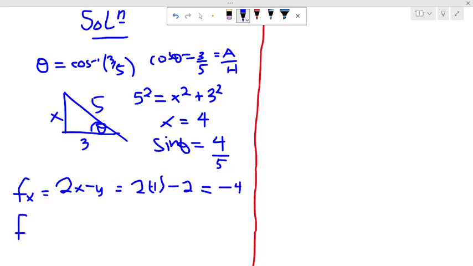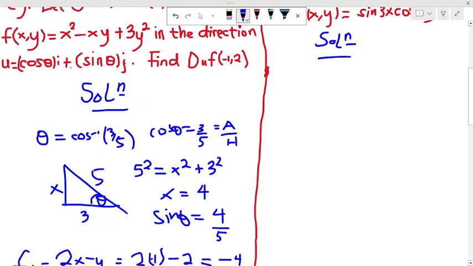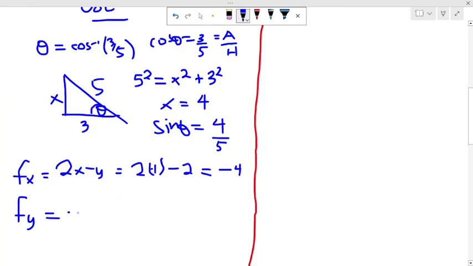Now evaluating the partial derivative with respect to y. From here, our x squared is constant, so it goes to 0. Differentiating negative xy, we end up getting negative x. And differentiating 3y squared, we end up getting 6y.